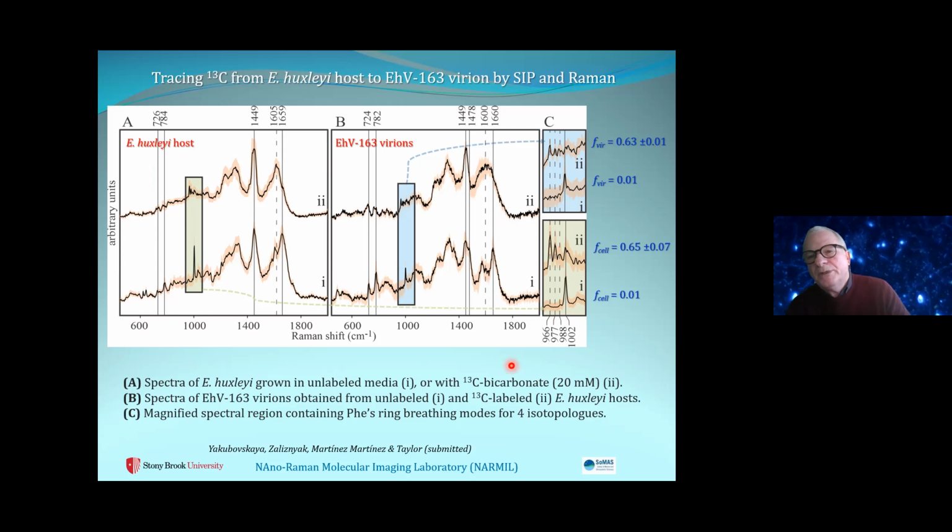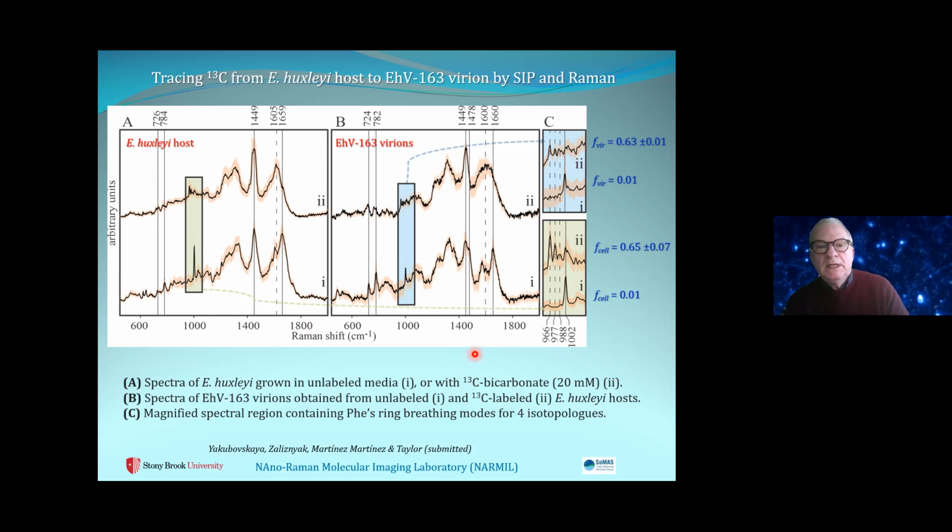That shouldn't be a surprise, but the ability to demonstrate that and then document the level of labeling, which was within analytical uncertainty exactly the same, shown here, 65% versus 63, but notice the errors. So they essentially are statistically the same. This would allow us to do experiments with active and inactive hosts, isotopically light and heavy, and then look at the individual viruses released. At least that's the goal.